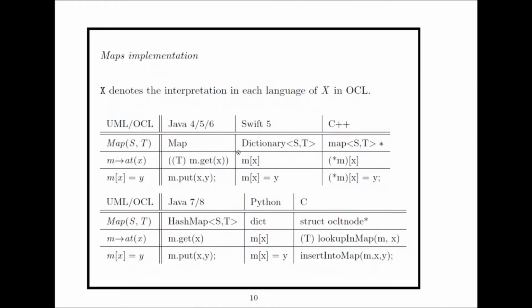For example, in Java, it's a map type. In Swift, it's a dictionary. In C++, it's a map type, and so on and so on. And also the operations have direct interpretations. Python also has direct implementation. The only tricky one is C, because in C we have to essentially handcraft a map in terms of trees.